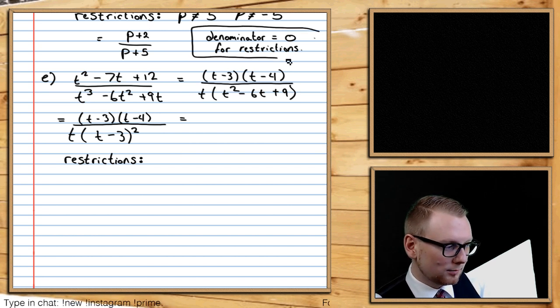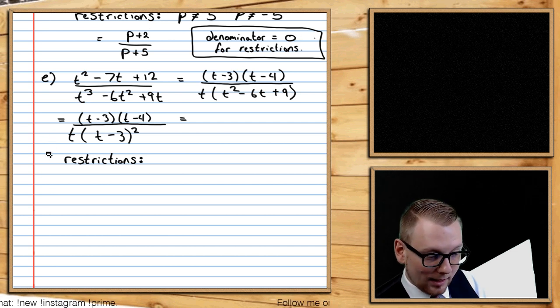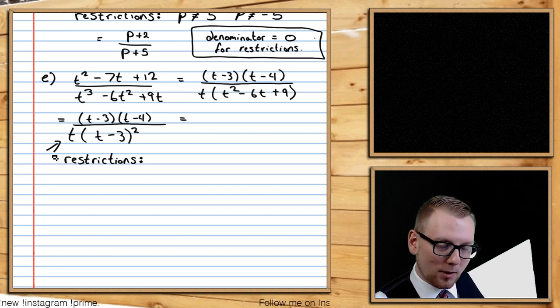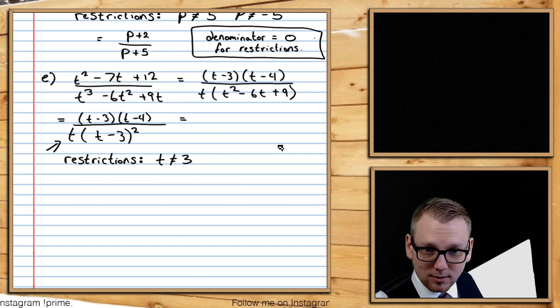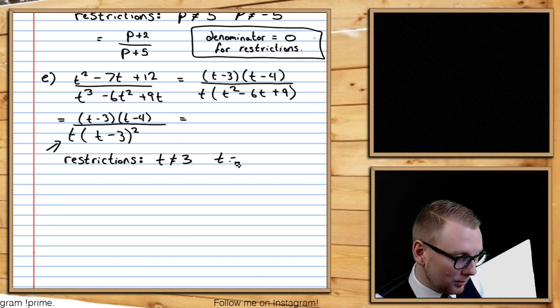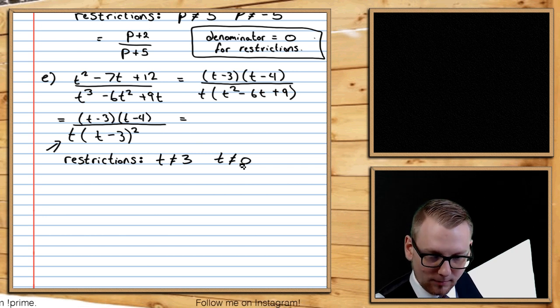Denominator. And this one here. There's the 3. T cannot be equal to 3. But if t itself is 0, it makes it 0. So t cannot be 0. Yeah, can't be 0.